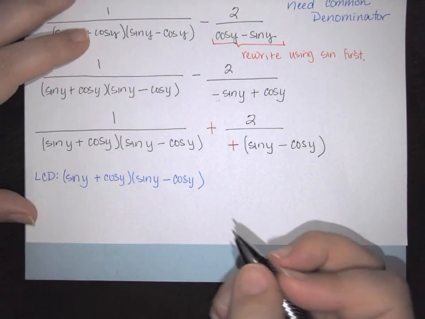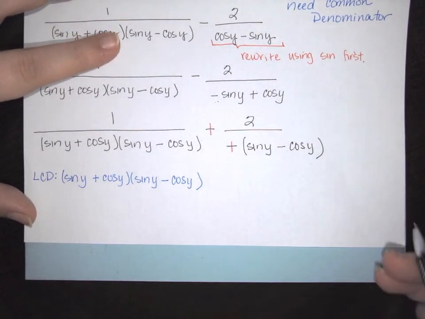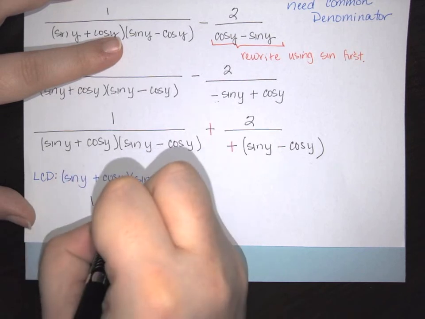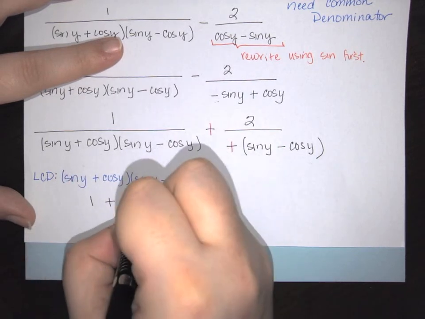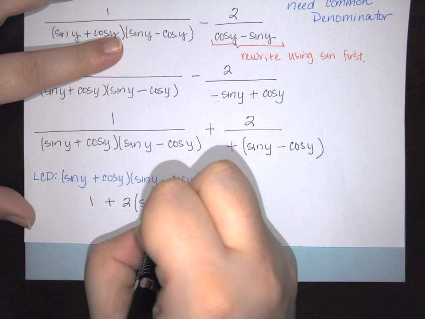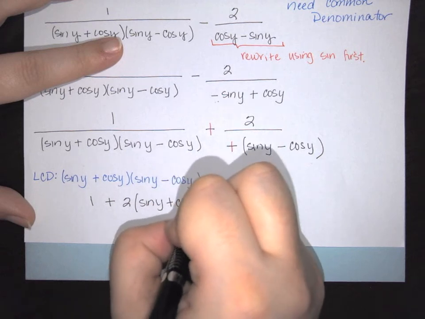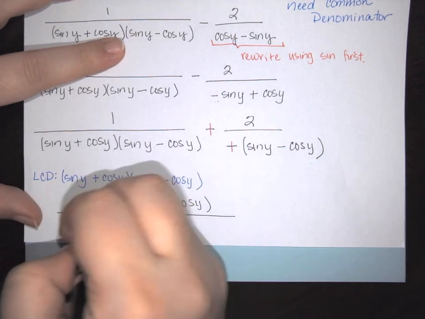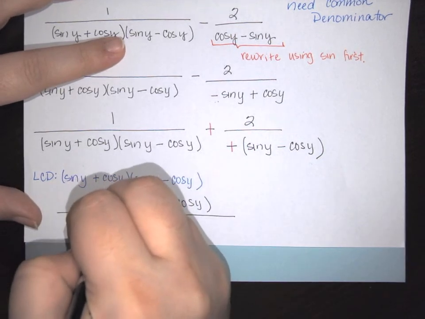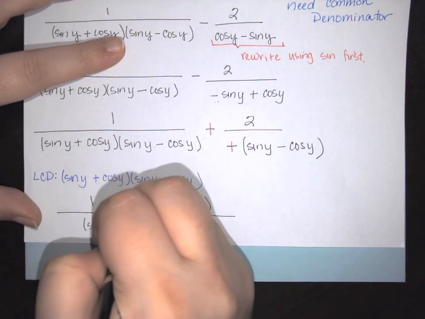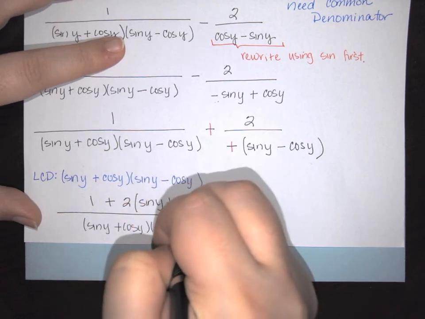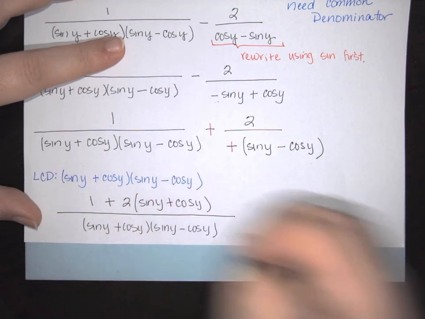So I am going to multiply the second fraction by that. So this is going to end up being 1 plus 2 times my sine of y plus cosine of y. And this whole thing is now over that common denominator of sine of y plus cosine of y times the sine of y minus the cosine of y.